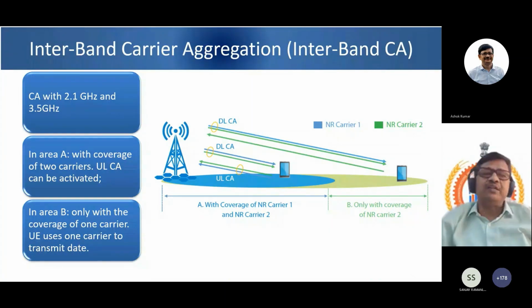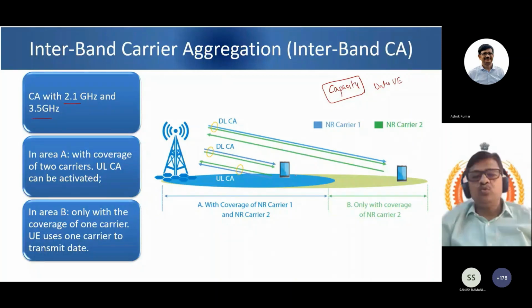Let us take an example. Suppose you have only 2.1 gigahertz. There is a certain capacity which the system has, and a certain data rate our UE can get. But if you have two carrier components, there are two scenarios.